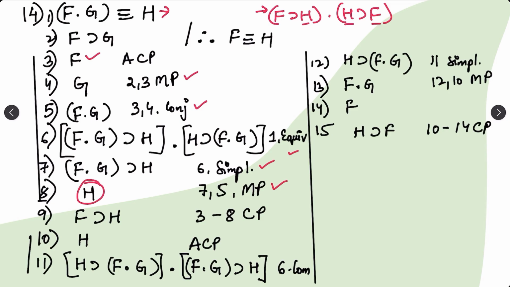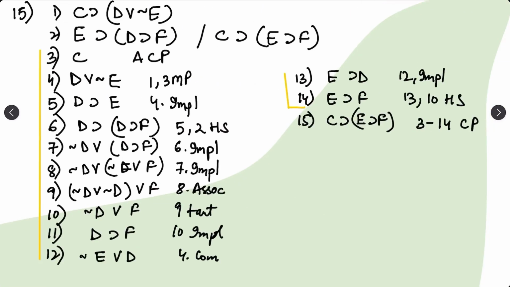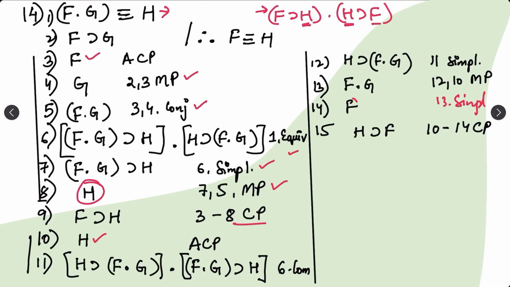Since we need H, F horseshoe H, and then third to 8 by CP. Now in this next case what we'll be assuming is H. So we'll assume H and then you'll solve as you solved here, and here it's like 13's simplification.